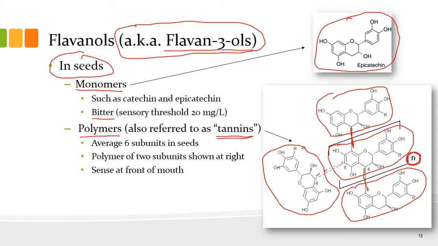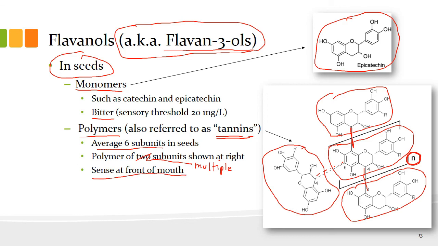Polymers that also come from seeds can actually be bigger. They average about 6 subunits. I changed the slide, so this is multiple subunits shown at right, not just 2. These polymers that come from seeds are often sensed at the front of the mouth.